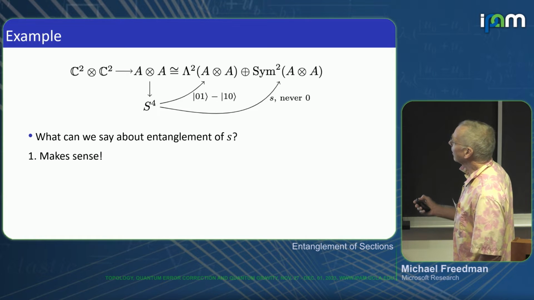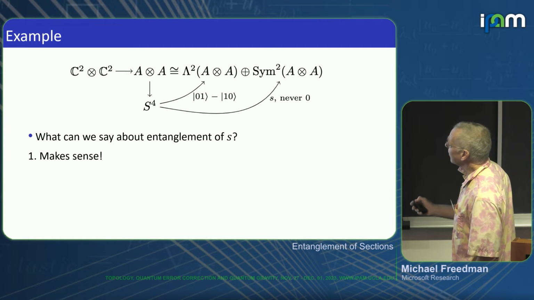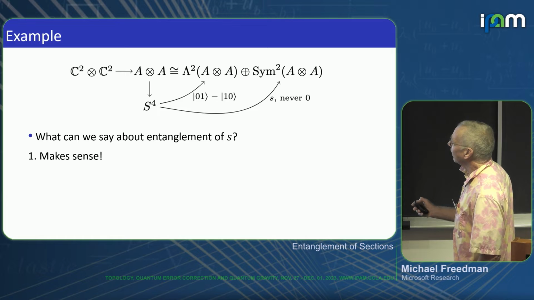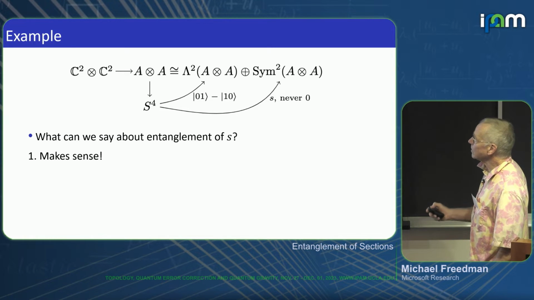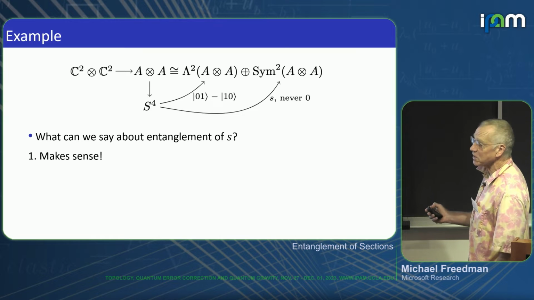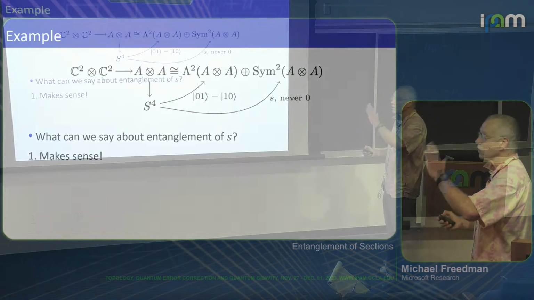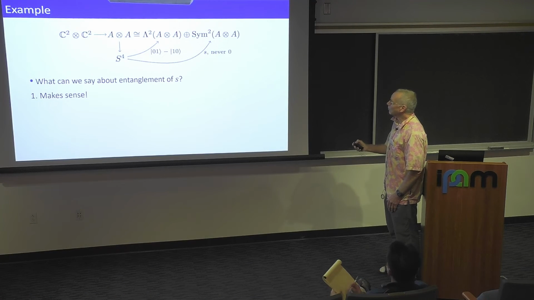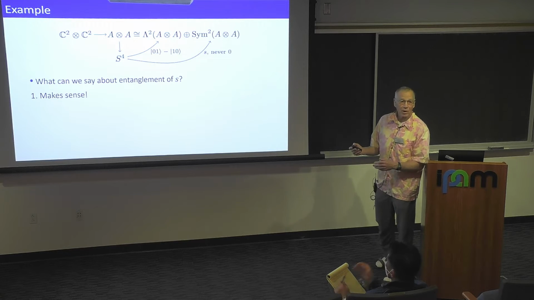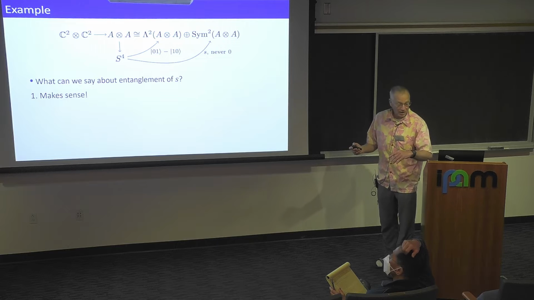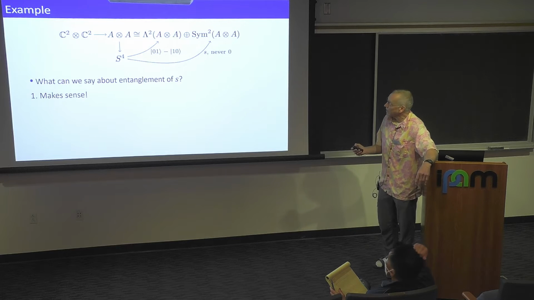And the question is, what can we say about sections of this bundle? Well, first thing to say is there will be non-zero sections. By the way, every time I say section, a section is just a cross-section of the bundle, I'm going to assume that it's a non-zero section, because I'm interested in its entanglement properties, and the zero vector can't really be discussed in that context.